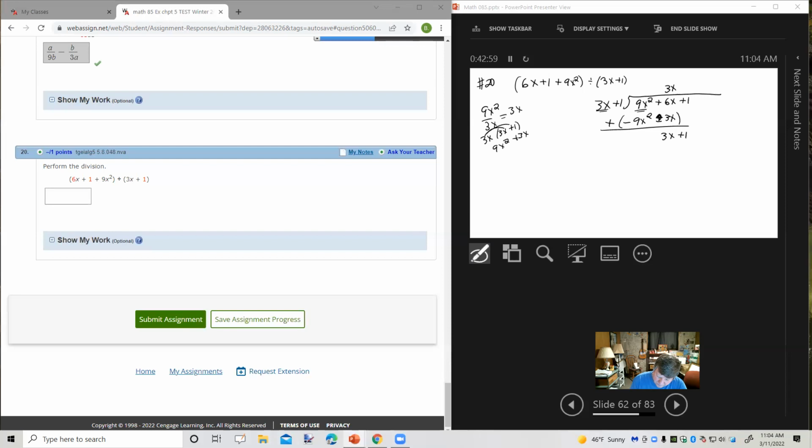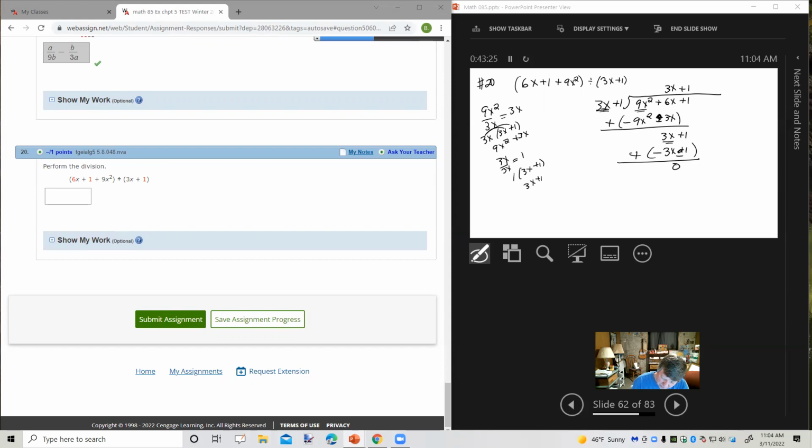Bring down the next term. Start over. 3x divided by 3x is 1. So I put plus 1 there. And then I take 1 times 3x plus 1, which is 3x plus 1. Put that there. Subtract that from what's up above, change it to addition of the opposite, and I get 0.